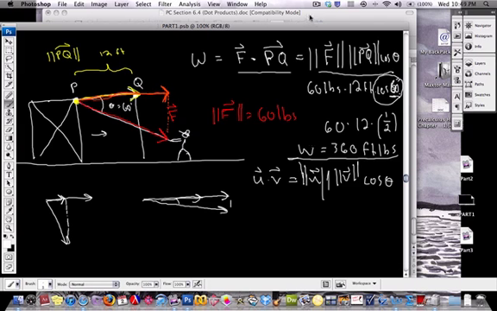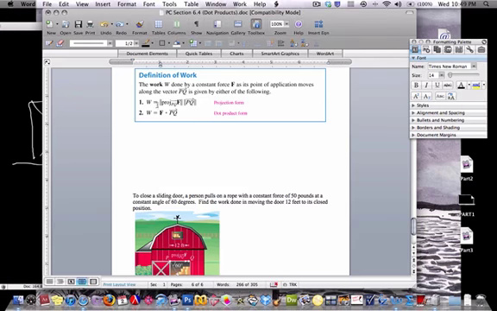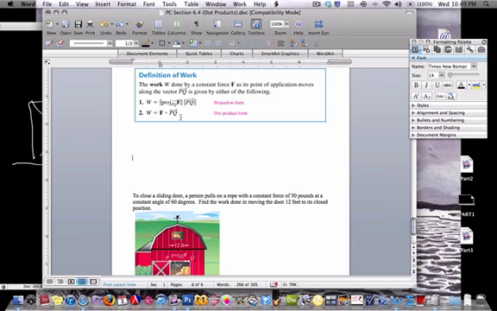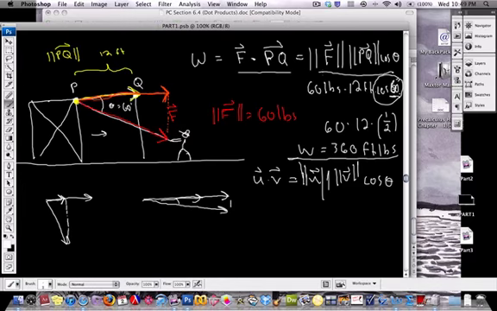One more thing before I let you go. You notice here this definition given for work, or first of all, work is a scalar. Work has no direction, right? No direction, just magnitude. It's a scalar. Also, this definition they give you, the projection of F onto PQ times the magnitude of PQ, that's just another way of writing what I wrote.